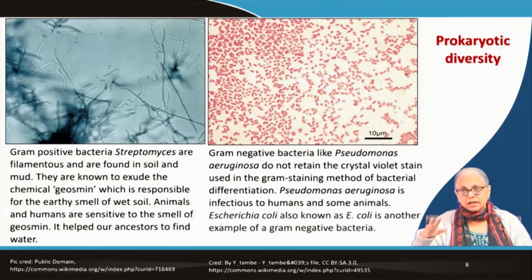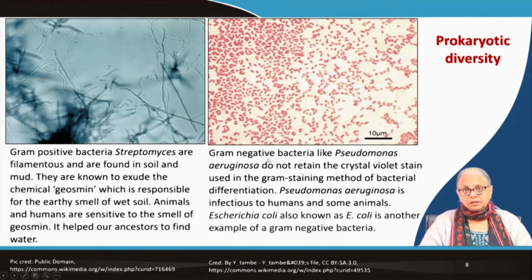When dry soil becomes wet, there is a release of a particular compound which has this beautiful earthy smell that most of us like, and that is due to a compound called geosmin. Animals and human beings are very sensitive to the smell of geosmin because that was what helped us find water. So not only do we find it extremely pleasant, but it's also an indicator of the presence of water.